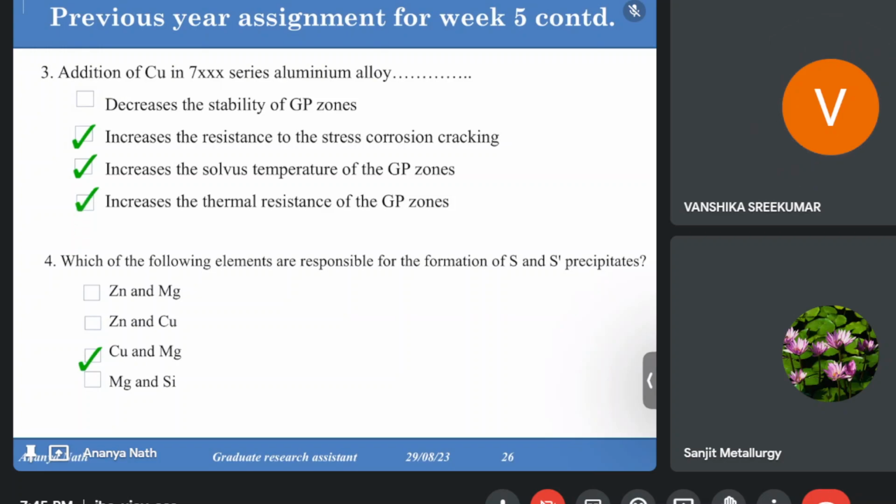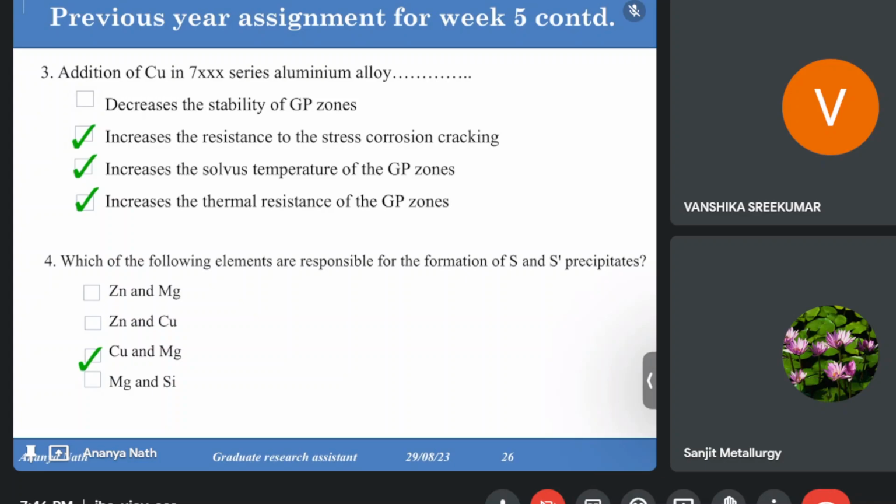Increase the thermal resistance of the GP zone. Yes, obviously the resistance to stress corrosion cracking increases, and the thermal resistance of the GP zone will also increase because the solvus temperature is now increased. So there will be more time up to which the supersaturated solid solution will be stable.